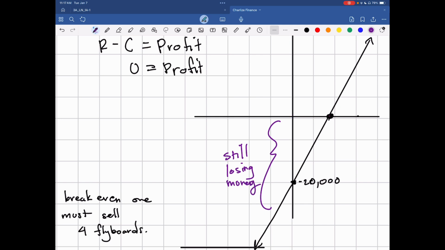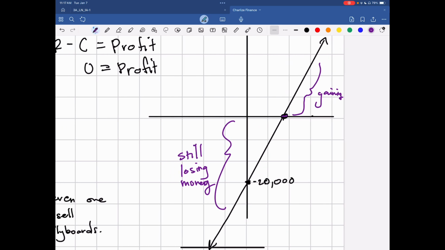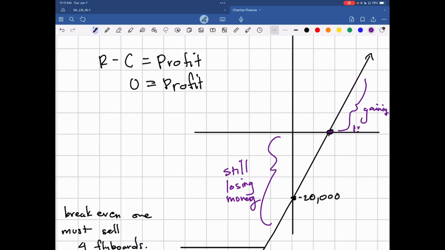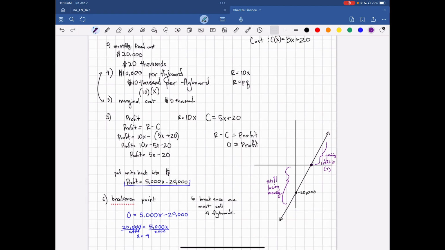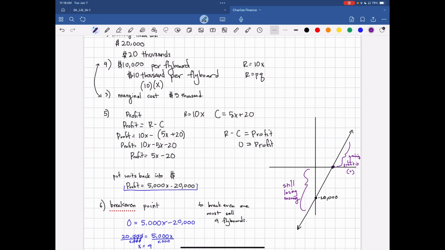But right when you hit here, you are gaining money because the profit is positive. Another way to look at it is if I graphed the cost and revenue function. The cost is how much I spend, the revenue is how much I earn. Let's say this is the revenue.